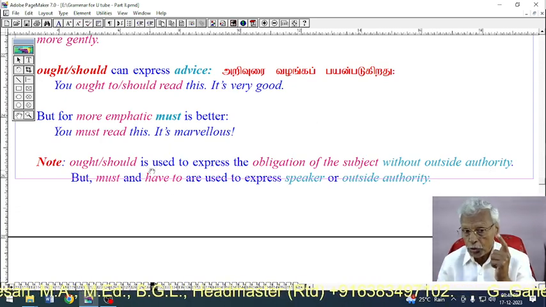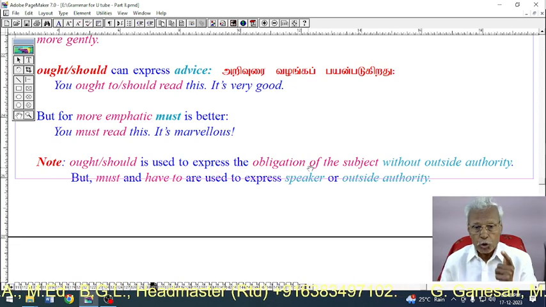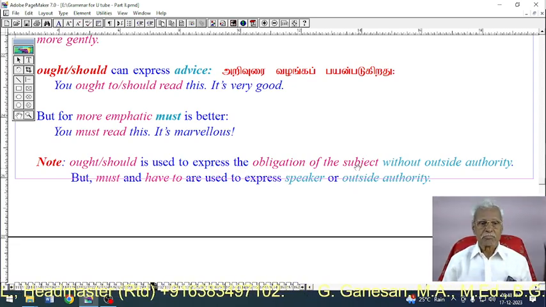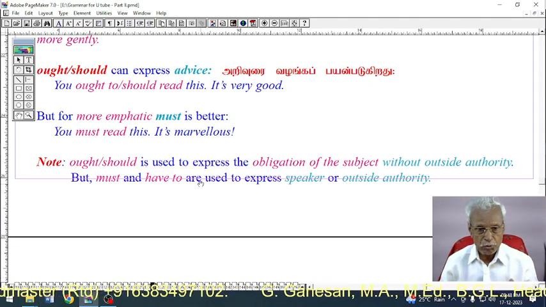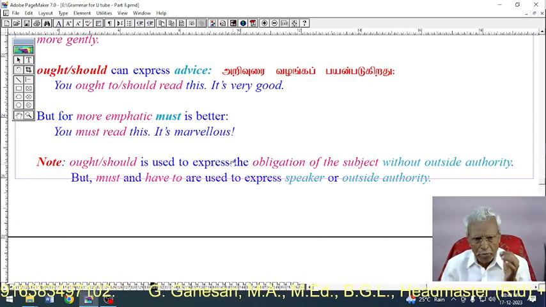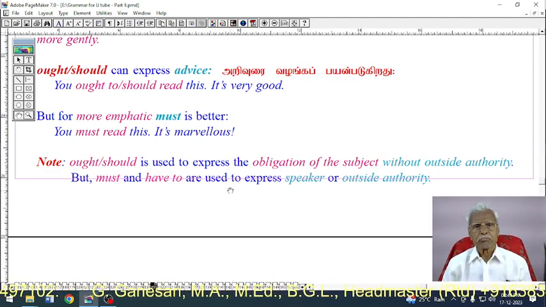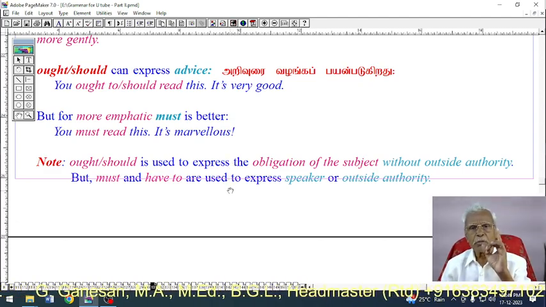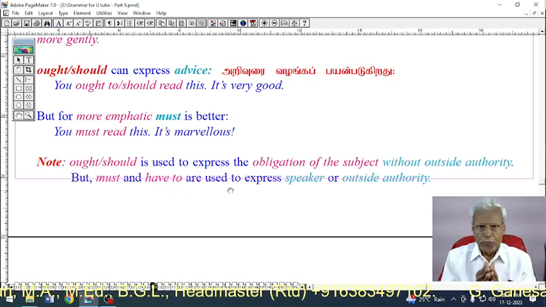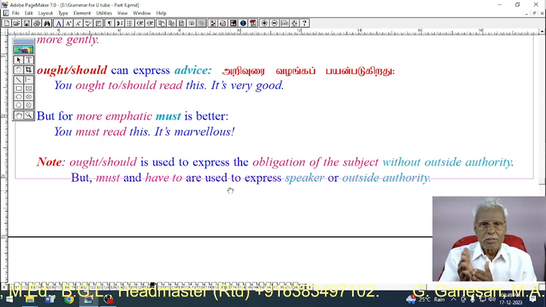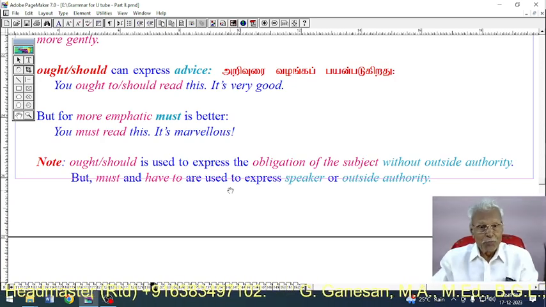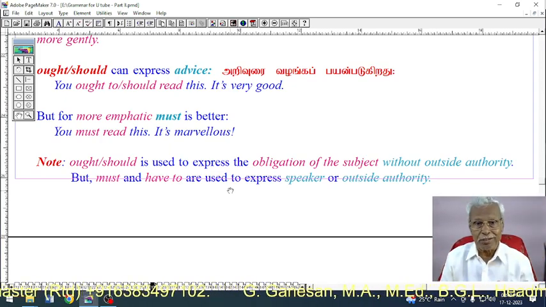Ought or should is used to express the obligation of the subject without any external authority.